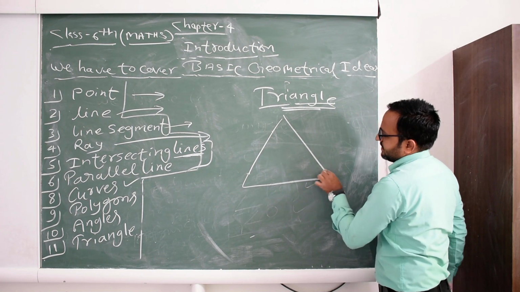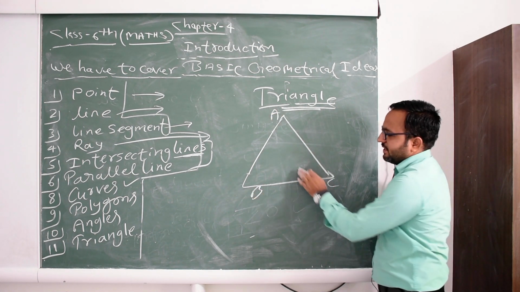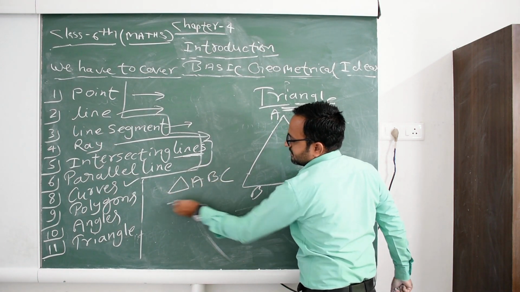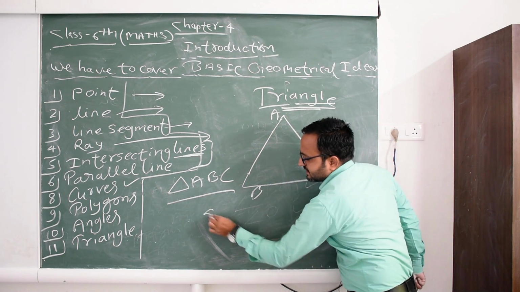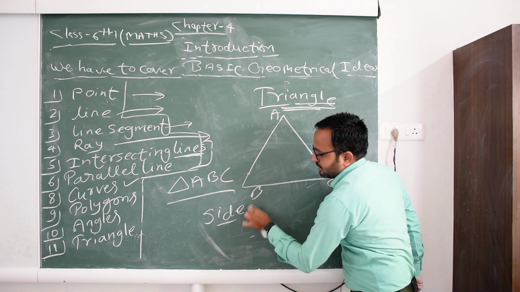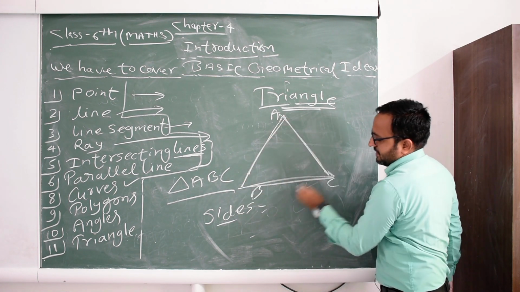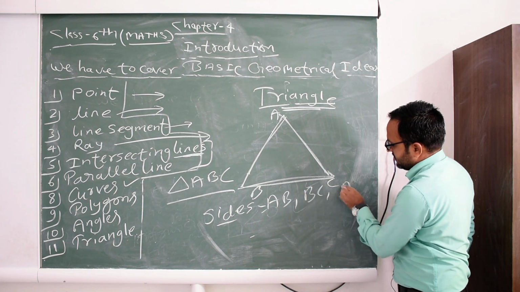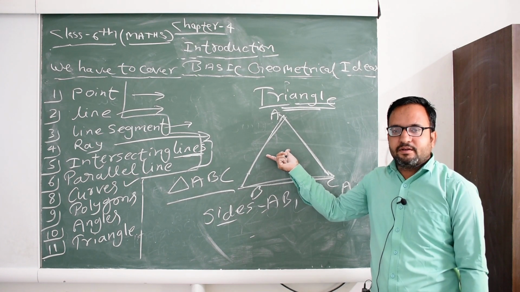So the triangle has vertices A, B, C, and it is denoted by triangle ABC. How many sides does a triangle have? Three sides, AB, BC and AC. So a triangle has three sides, AB, BC and AC.